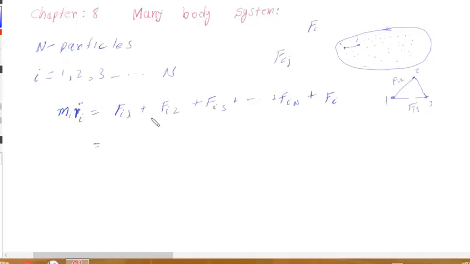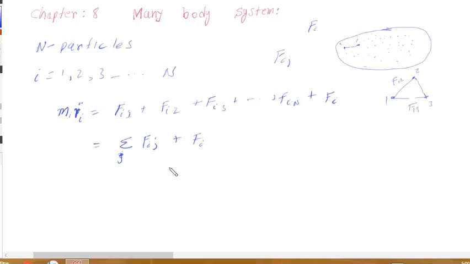Then we can write this in summation form: the sum over j not equal to i of Fij, where j is 1, 2, 3, plus the external force Fi.